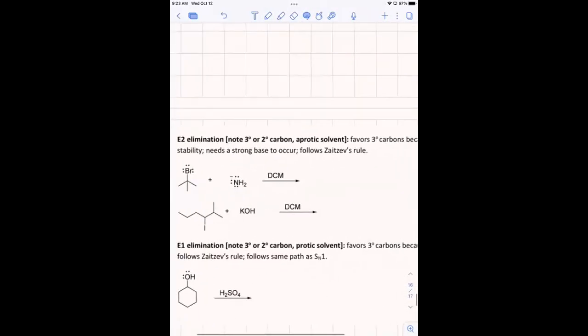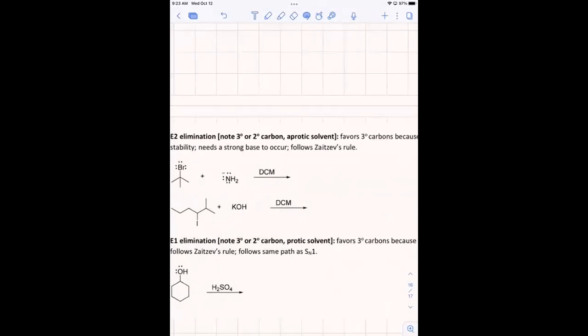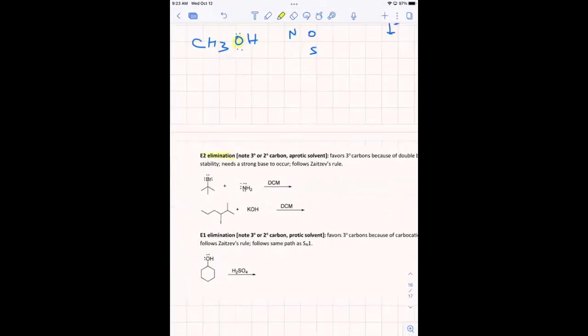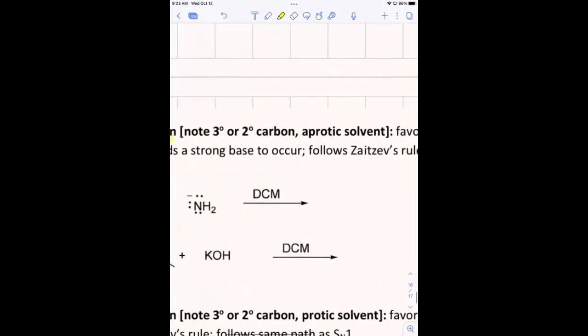All right. So let's go through like we did before and just look at predicting the products. For E2 elimination, that's going to require a strong base. You have to have a base in order for this to happen. And the preference is tertiary or secondary carbons. There's a reason for that. The reason is that the stability of the product actually guides the reaction.